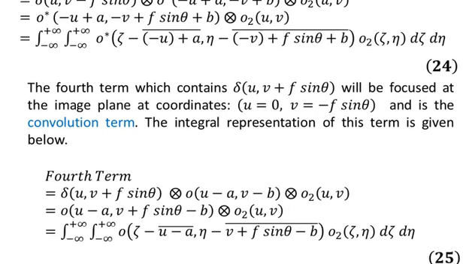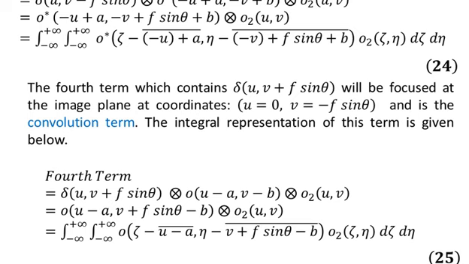So similarly, the fourth term, which contains again a delta function, will be focused at the image plane at the coordinates u is equal to 0 and v is equal to minus f sine of theta. So this beam, the fourth term, will be focused at these coordinates, and it is the convolution term. The integral representation of this term is given by the following.